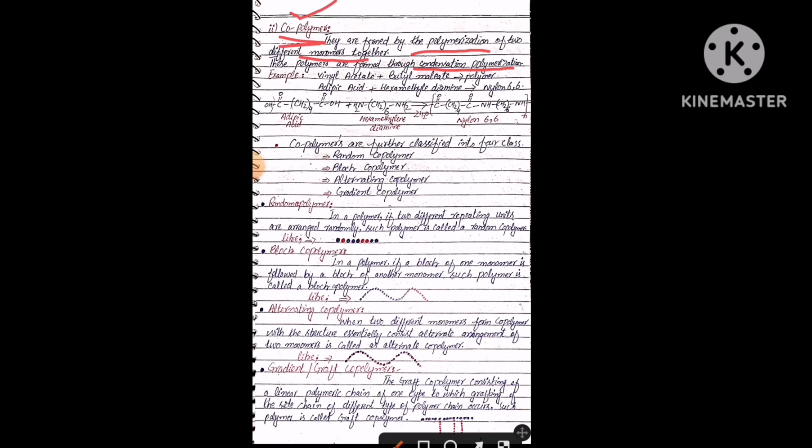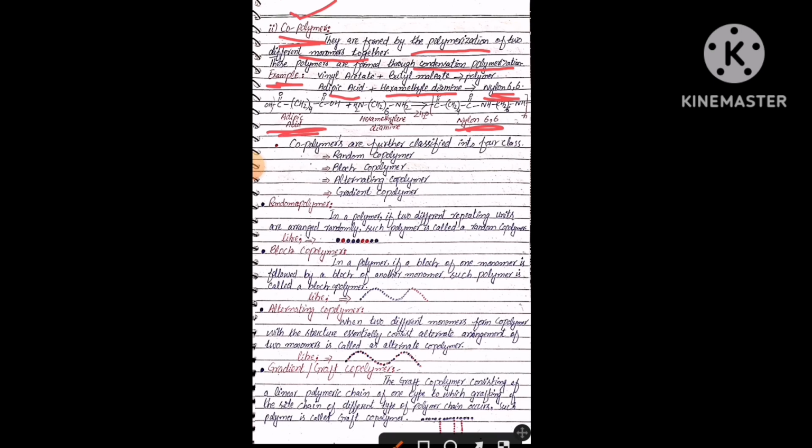So, the example of the copolymer is nylon 6,6. How is it formed? If the monomers adipic acid and hexamethylene diamine combine, they form a polymer named nylon 6,6. Students, it is the adipic acid.